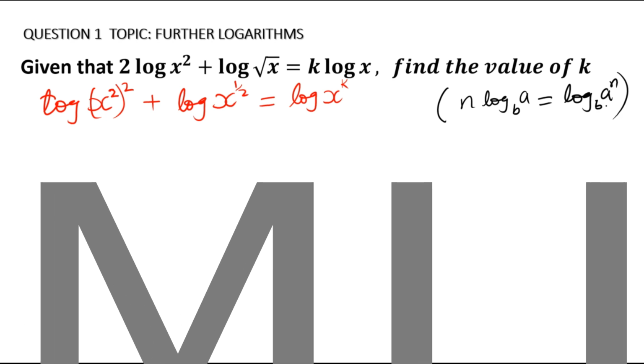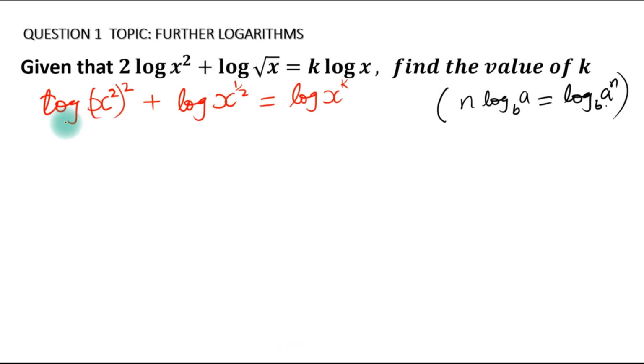Then the next step, this can be written as logarithm of x raised to power 4. We square the powers, then plus logarithm of x raised to a half will be equal to logarithm of x raised to power k.